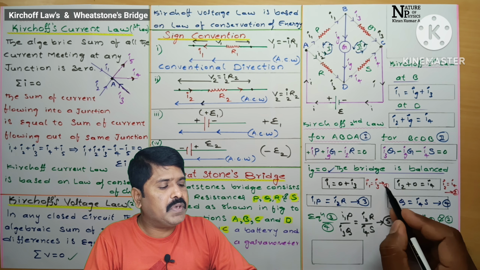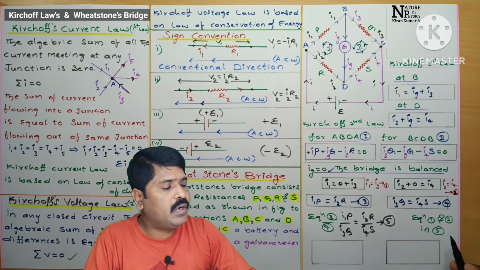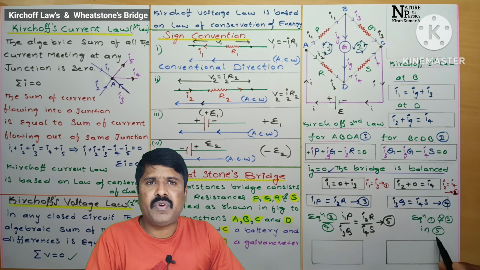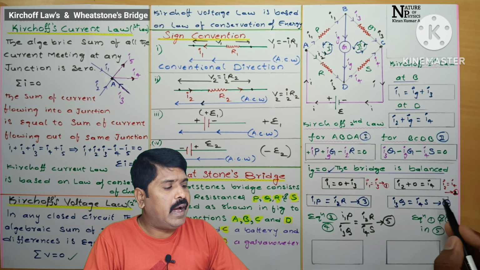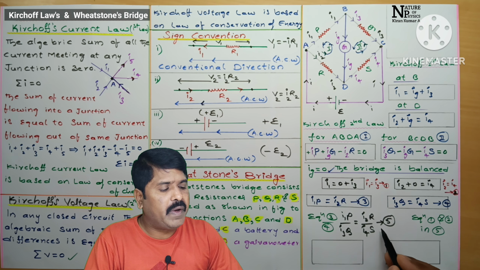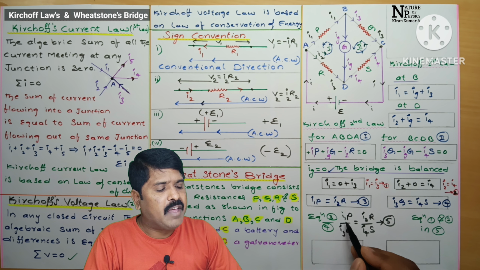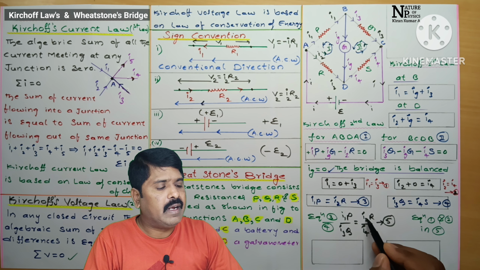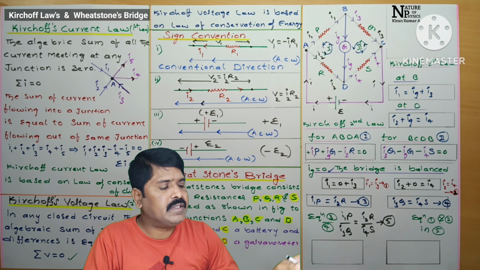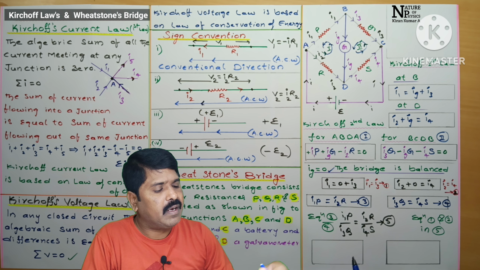So equations 1 and 2 are replaced in equation 5, so that I1 by I3 gets cancelled and I2 by I4 gets cancelled. I will write that step here clearly.